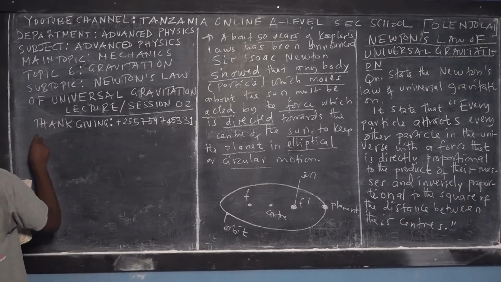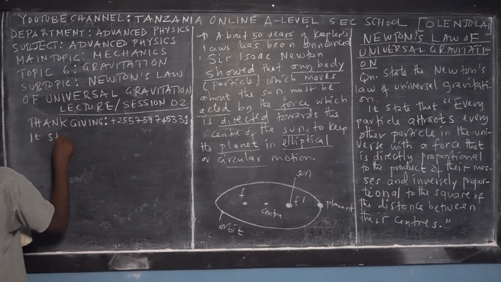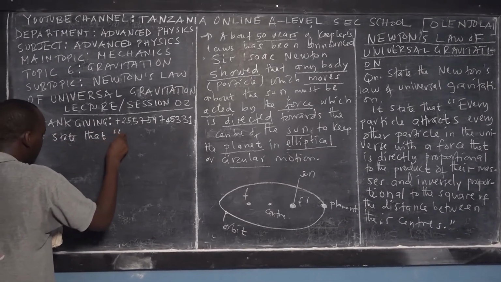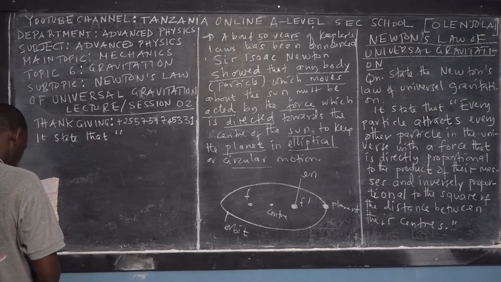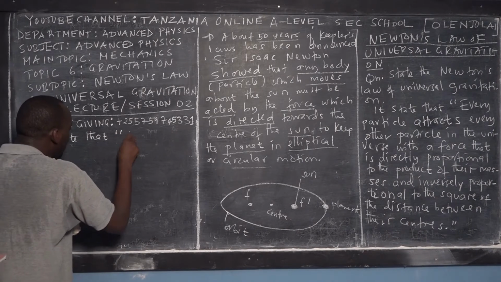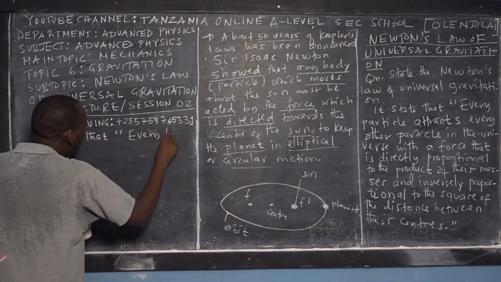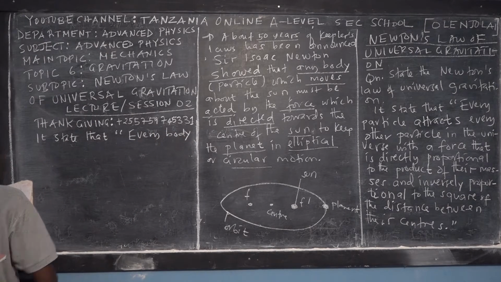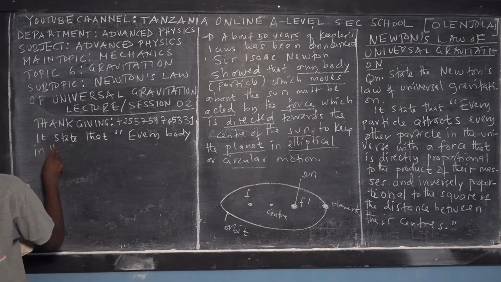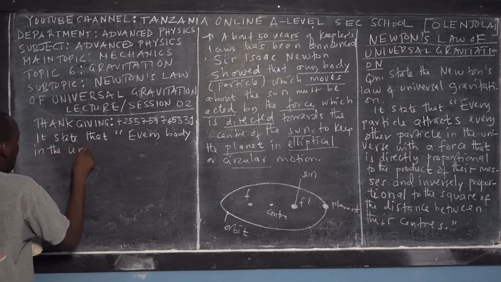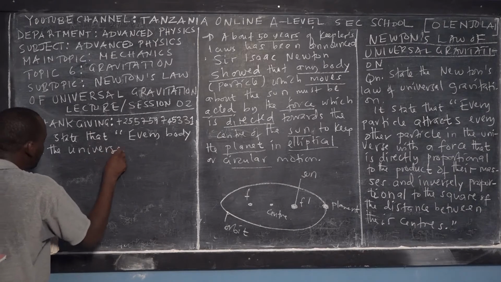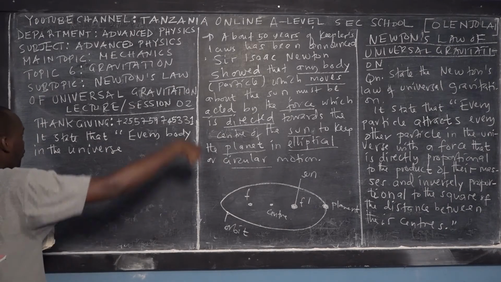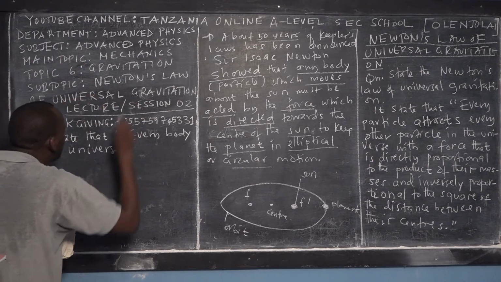So it is stated that Newton's law of universal gravitation: everybody in the universe, remember the limitation, in the universe. That's why we call it universal.